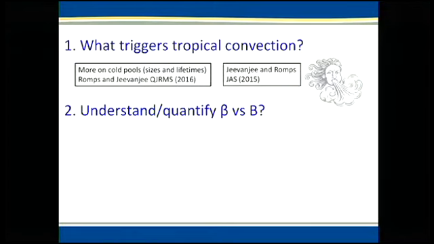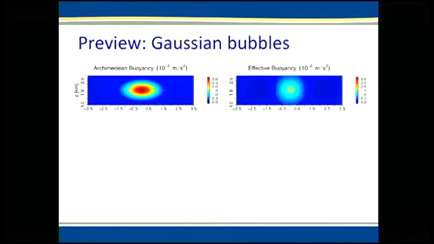All right, so now we want to turn and focus on effective buoyancy and understand its relationship to the Archimedean buoyancy. Just as a preview, to set the stage, I took some Gaussian density anomalies that are sort of spherical, with a Gaussian density distribution in R and in Z. I numerically computed the Archimedean buoyancy and the effective buoyancy.